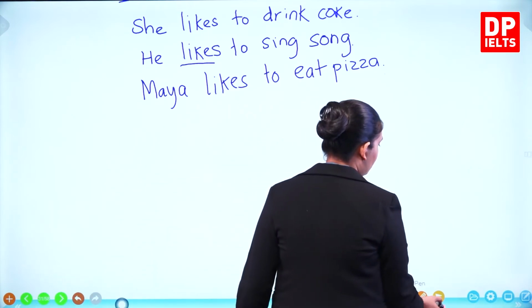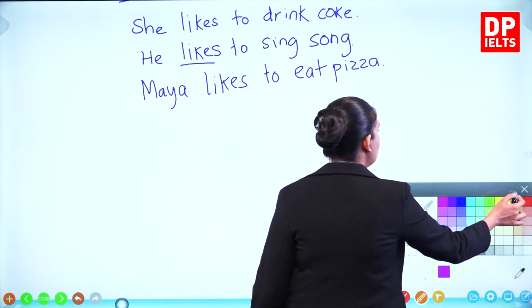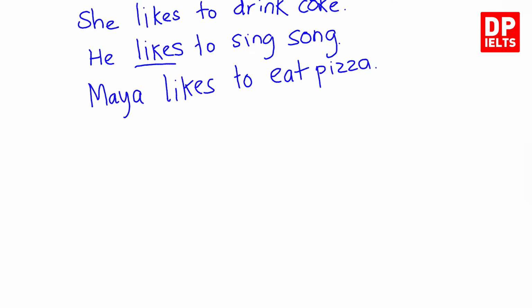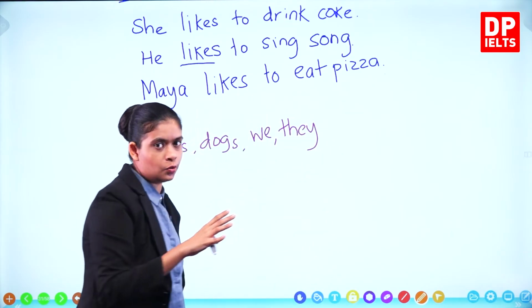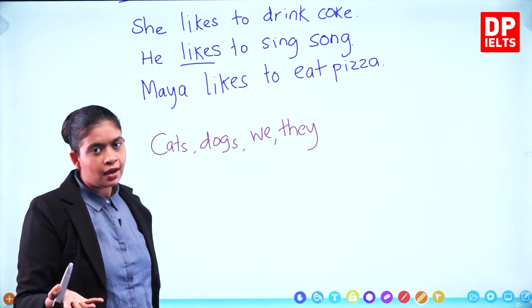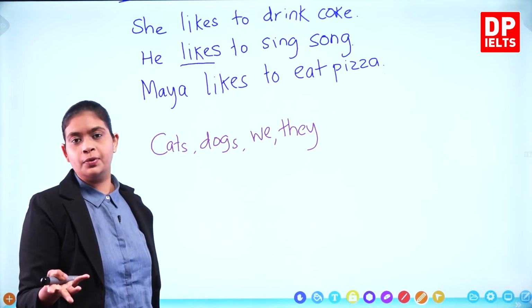If you have plural nouns like cats or dogs, or you have we, they, if you have plural nouns or pronouns, the verb must be plural.